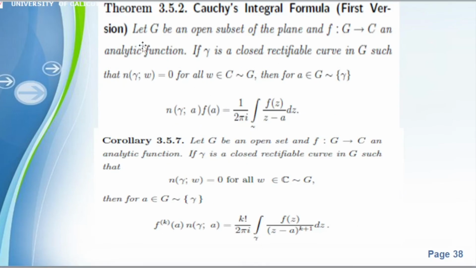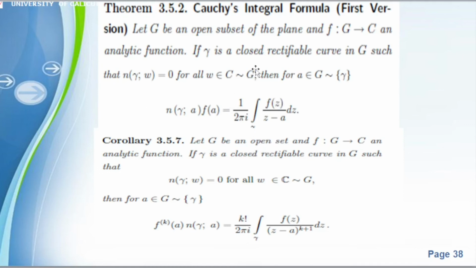Cauchy's integral formula. Let G be an open subset of the plane and f be a function from G to C, an analytic function. If gamma is a closed rectifiable curve in G such that n gamma omega is equal to 0 for all omega belonging to C minus G, then for a belonging to G minus gamma, n gamma a into f of a is equal to 1 by 2 pi i integral over gamma f of z by z minus a dz.